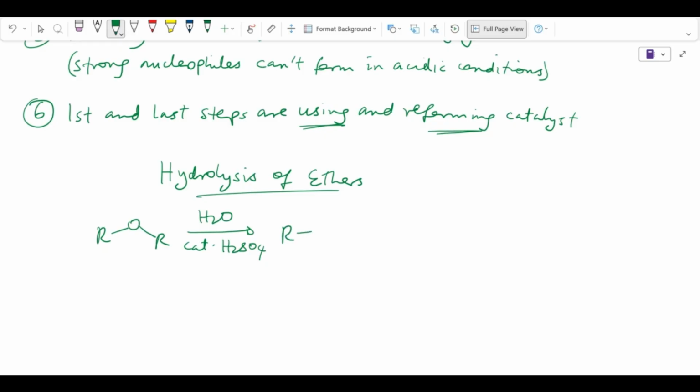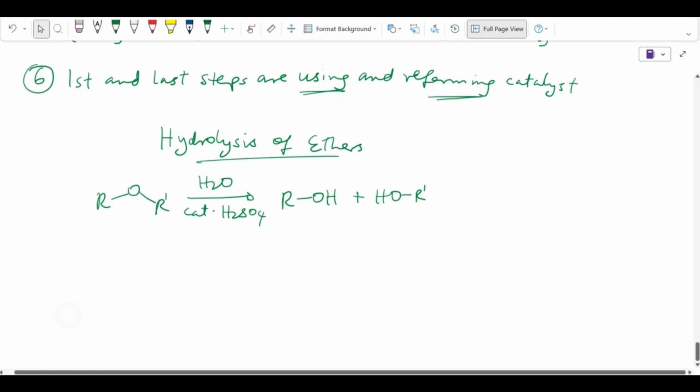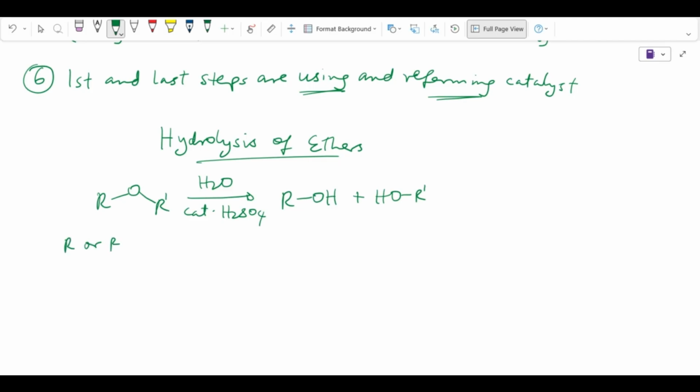So your product will be alcohol and another alcohol. So if this is R prime, then we'll have the R prime here. But for this to work though, one of the alkyl groups in your ether, either the R group or the R prime, must be secondary or tertiary.